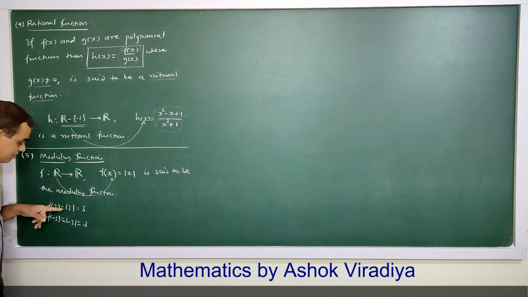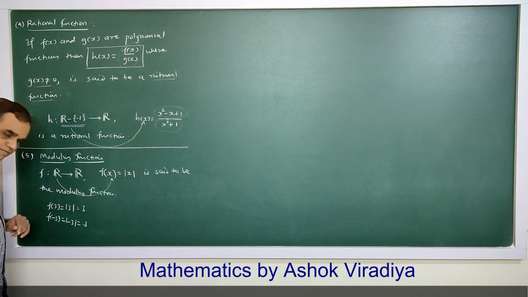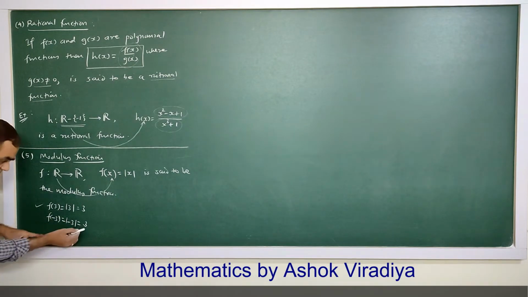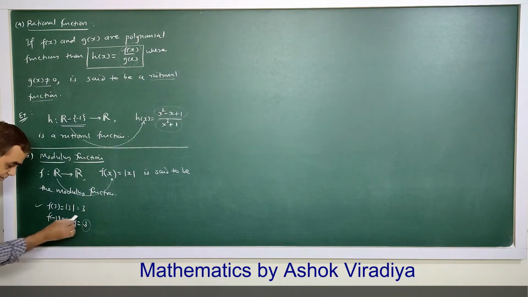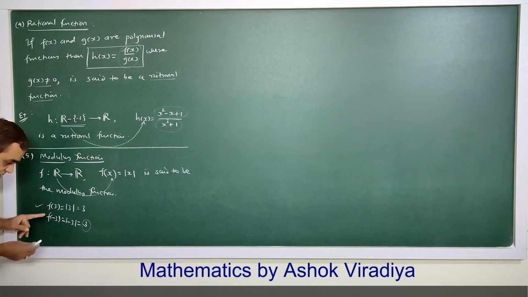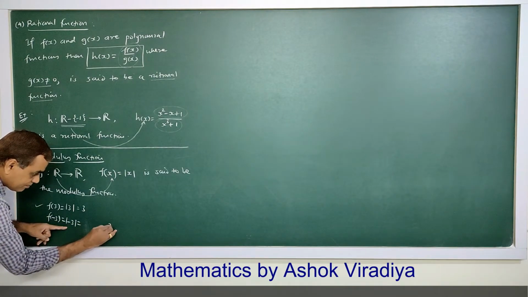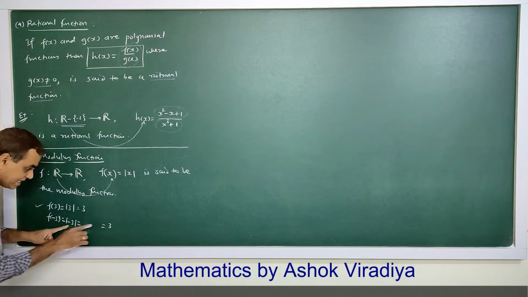So see here what is happening on this number. This is clear. f of 3, modulus 3, is 3, that is clear. f of minus 3, modulus of minus 3, is 3. Now see, this can be expressed as what this modulus does. This answer is 3. Modulus of minus 3 is 3.